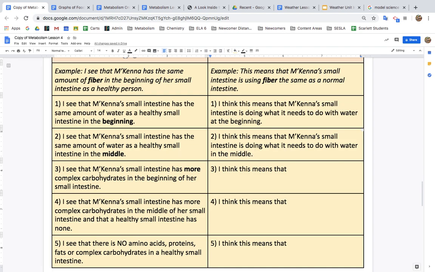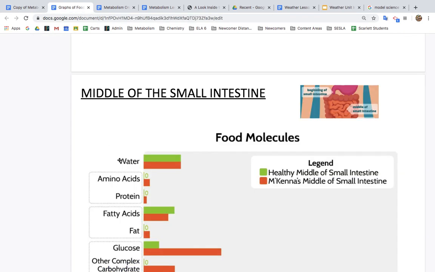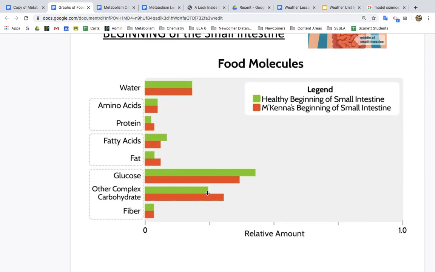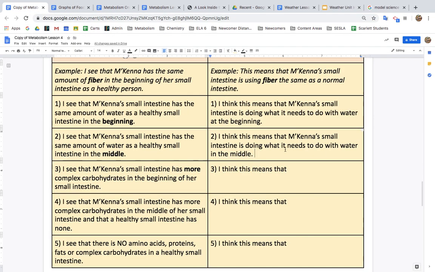Next, I see that McKenna's small intestine has more complex carbohydrates in the beginning of her small intestine. So I'm looking at the beginning of her small intestine and complex carbohydrates, and I can see she has more. That's telling me that something's going on in her small intestine there with the complex carbohydrates. That's not good because it's so different from a healthy person.